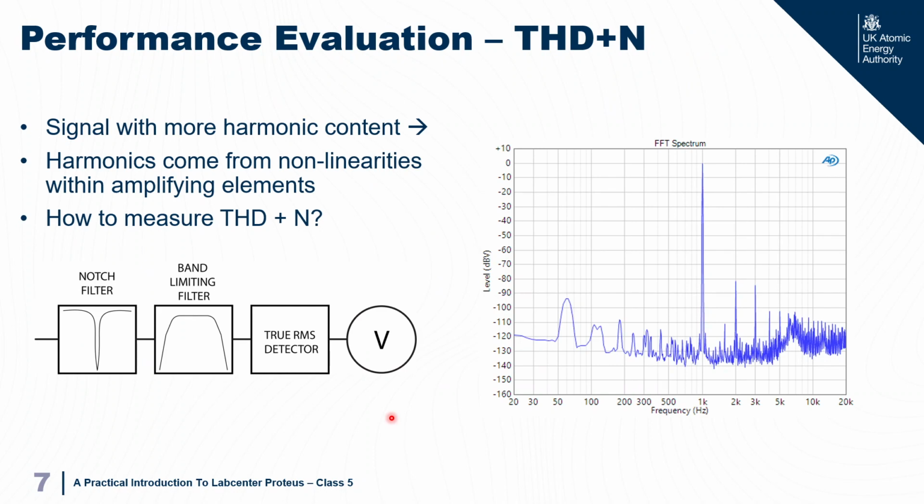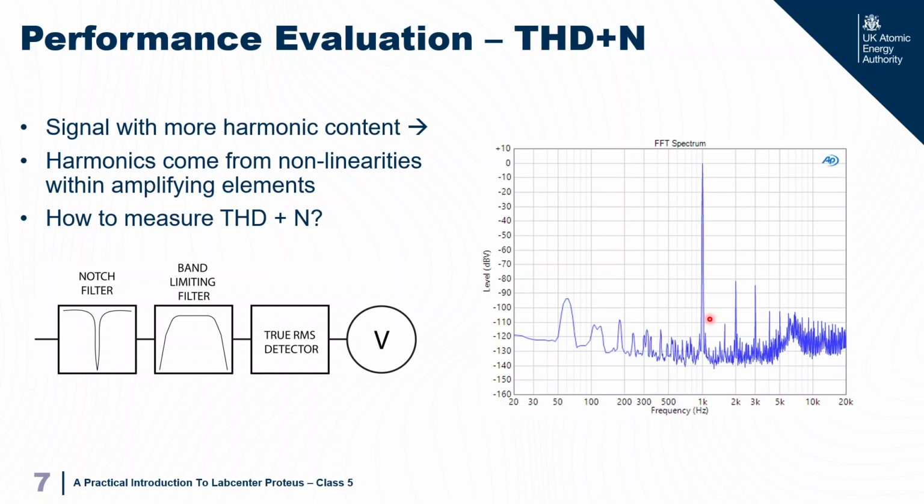In terms of THD plus N, this is one important parameter of amplifier performance. Harmonic content is generated in nonlinear amplification. Devices like transistors, when they're in the nonlinear range, will generate harmonic distortion, which is an integer multiple of the fundamental frequency.